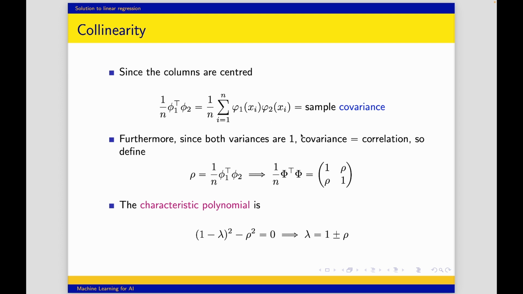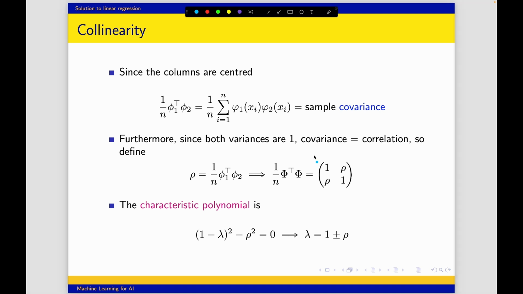Okay, now let's study the eigenvalues of this matrix, the eigenvalues of this sample covariance matrix. Well, the characteristic polynomial, in order to find the eigenvalues, will be what?